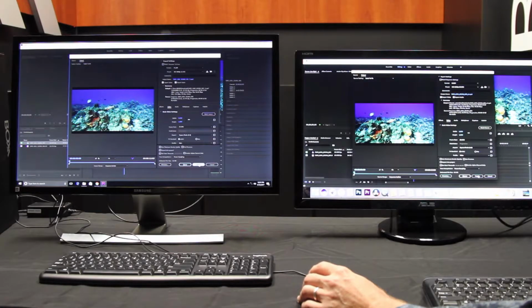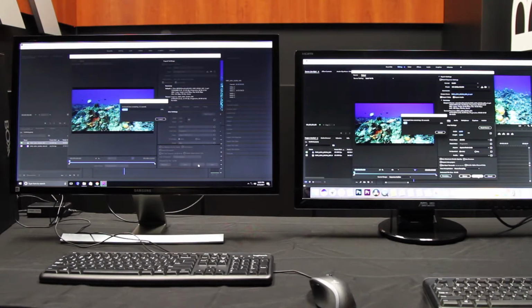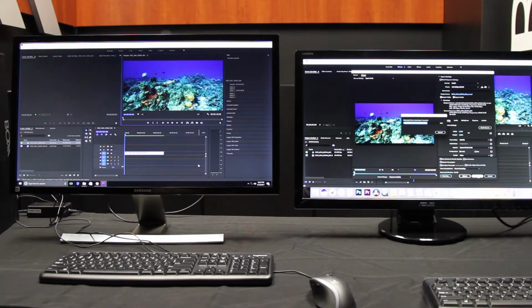Now I can start this exporting at the same time, and we can see the differences even on a short clip that the dual card CUDA acceleration has. So even on a clip of such short duration, you can see that there's a substantial difference in the export performance.